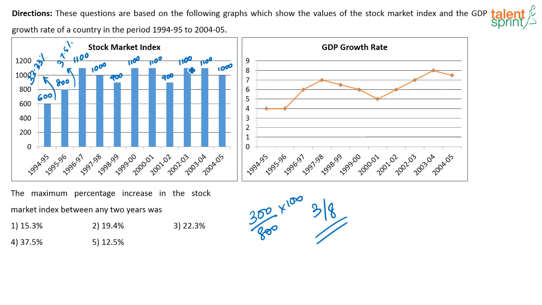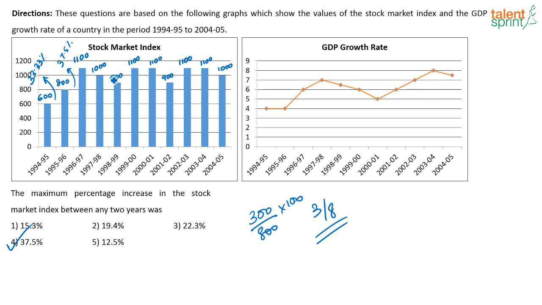Again here it is the same value. Again all decreases, or again the same. So what will be your answer? Your answer obviously has to be this year. This is the year that we are looking for. The maximum percentage increase in the stock market index between any 2 years was 37.5%. Correct answer will be option 4, 37.5.